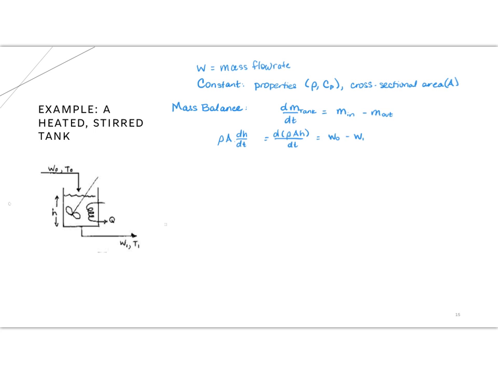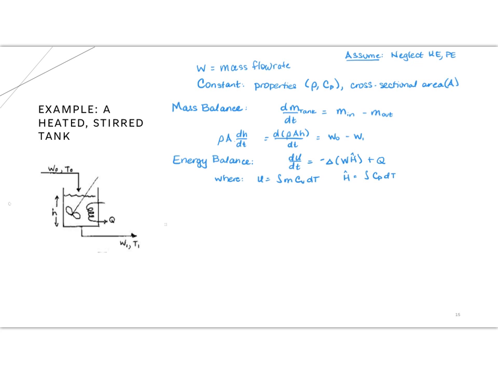I also can do an energy balance, and if I neglect kinetic and potential energy, then the energy contained and changing in the system is going to be internal energy. So dU/dt is the change in the energy that flows in and out. That's my enthalpy times those flow rates. And then any heat transfer that is added into the system from my heating coil.